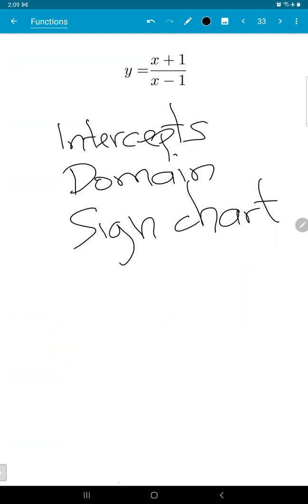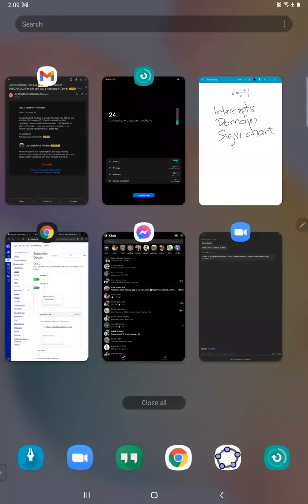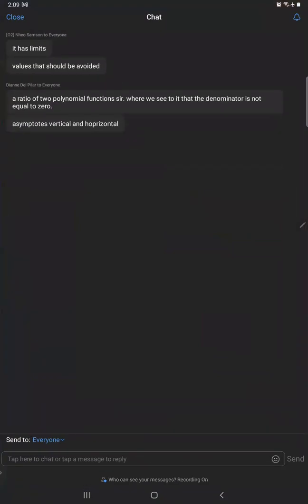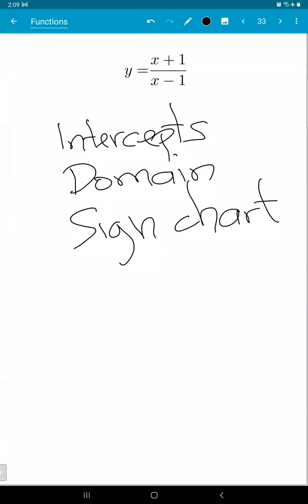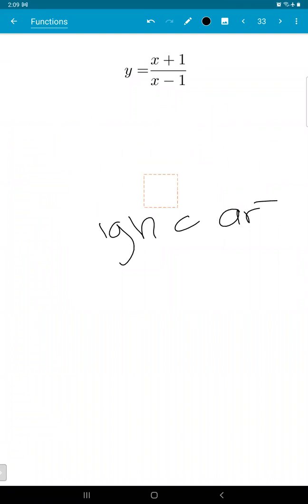Anyone? Yes, asymptotes. And there are two, vertical and horizontal. And how do we get the vertical and horizontal asymptotes? We will do that for this example. But first, let us enumerate some of the steps.